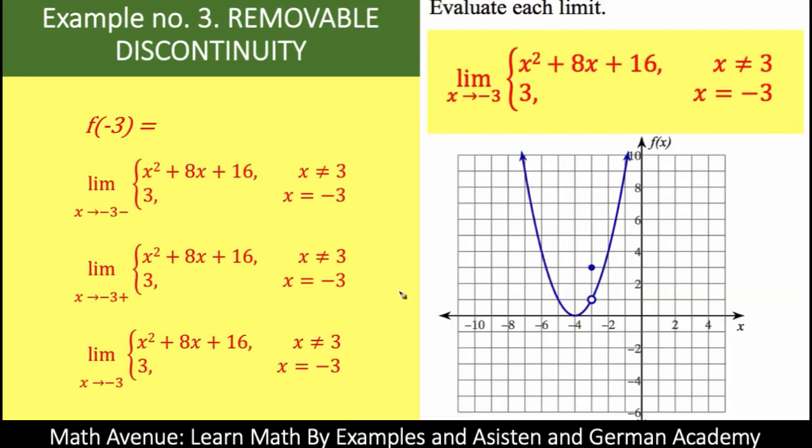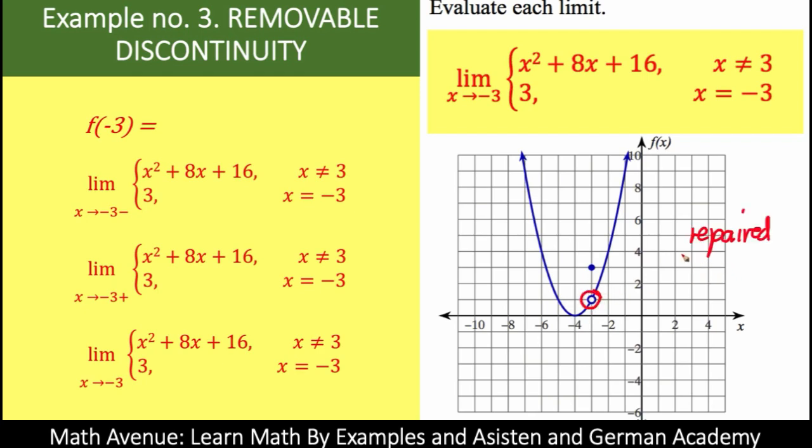Now let's talk about removable discontinuity. What is a removable discontinuity? We say that a function is continuous if you can trace the function without lifting your pen or your pencil. But in our example, there is no way for us to trace this function without lifting our pencil or pen at this point. There is a hole.